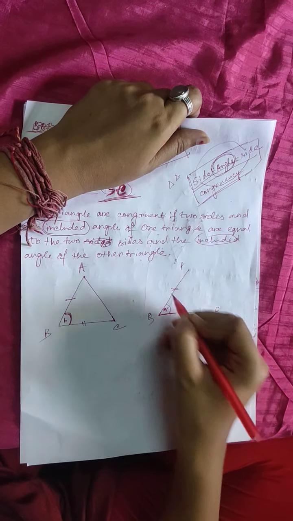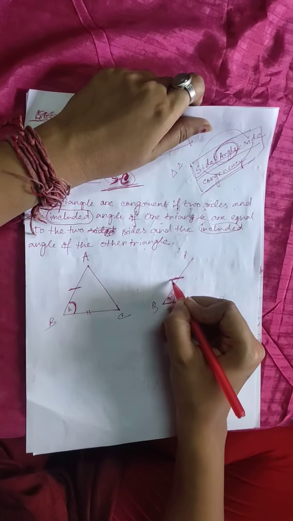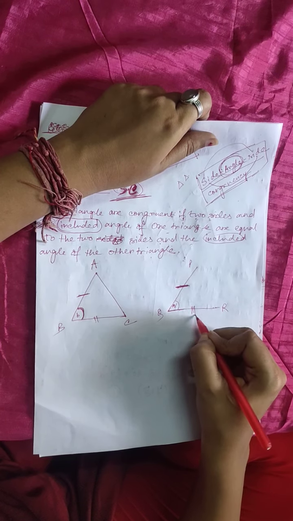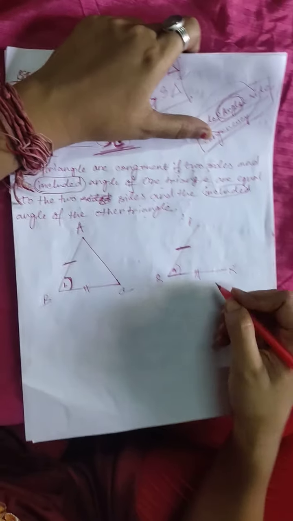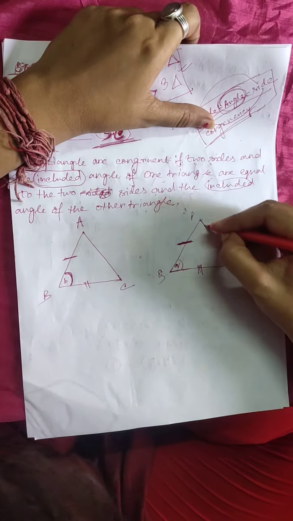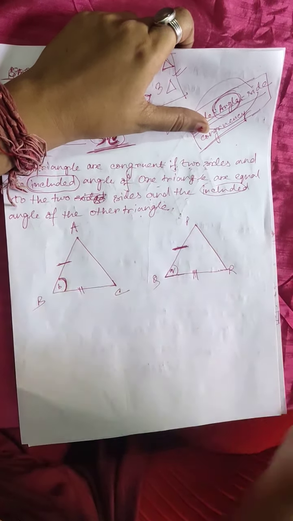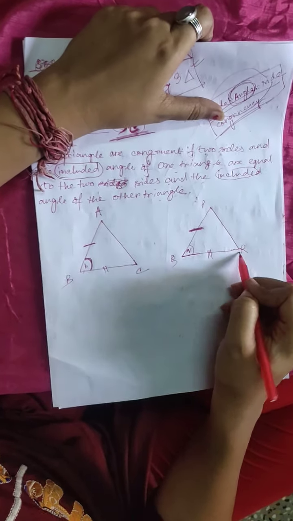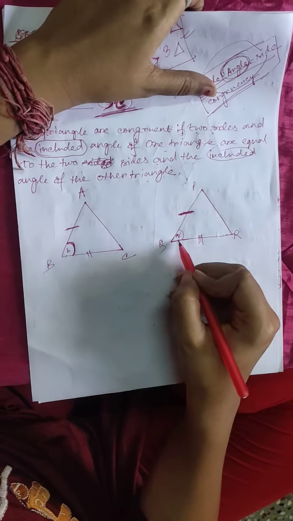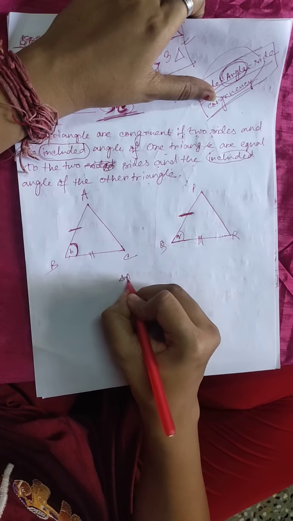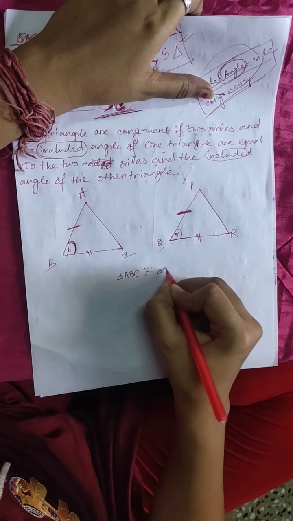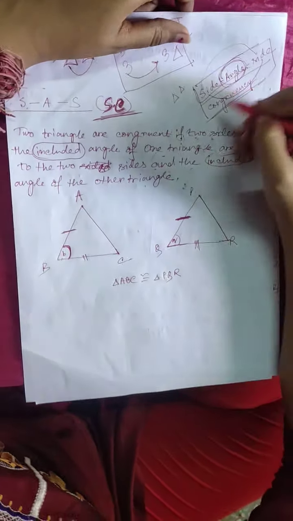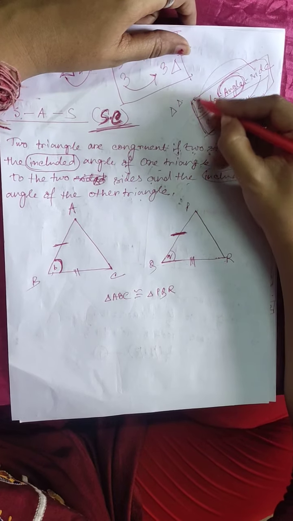AB is equal to PQ, angle B is equal to angle Q, and BC is equal to QR, then there is only one possible way to complete this triangle, that is drawing PR. Now, since AB is equal to PQ and BC is equal to QR and their included angle B is equal to Q, then these two triangles will be congruent to each other. Why is it? Because by this side angle side congruency, we get to know this.